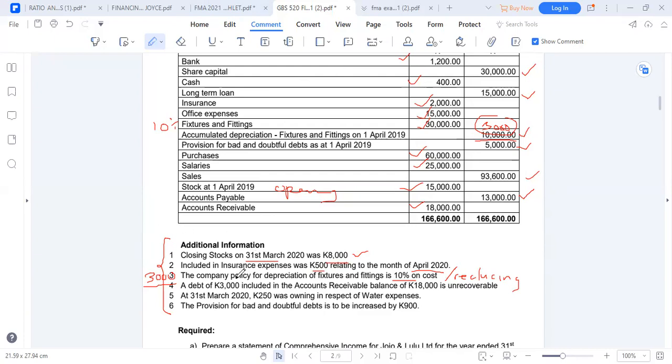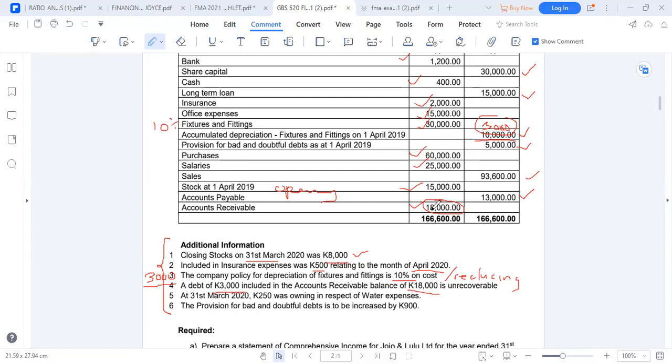Then we go to the other adjustment, which says a bad debt of 3,000 was included in the accounts receivables. Also, this account receivable balance of 18,000 was recoverable. So this 18,000 included what? Bad debts of how much? 3,000.